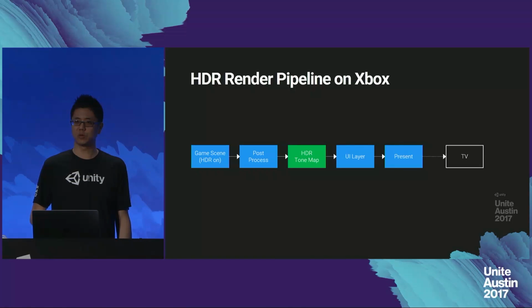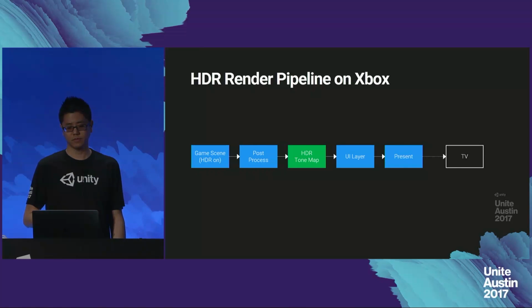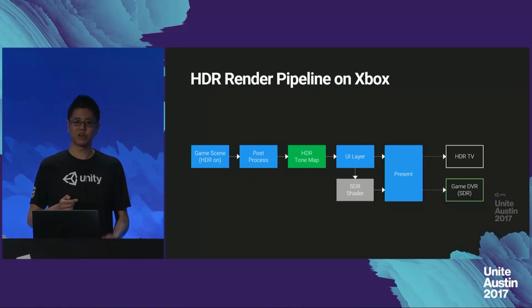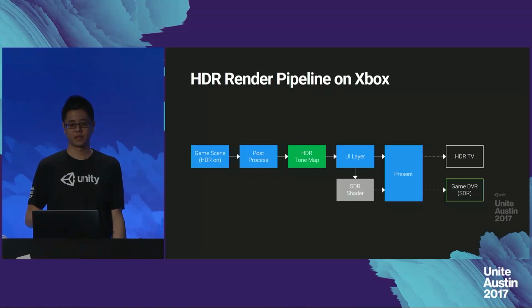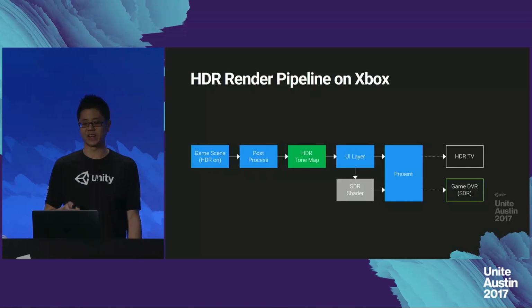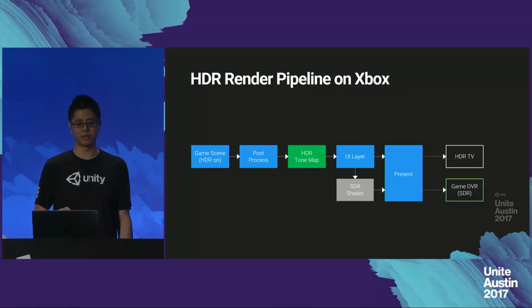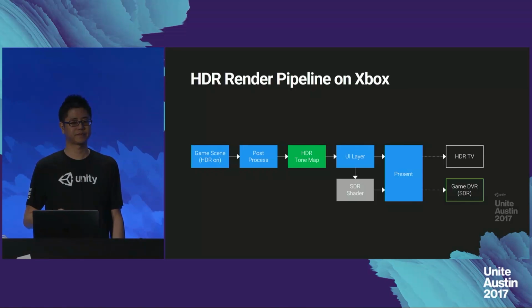To do this, we'll need one more swap chain and another 8-bit back buffer to store the additional frame data. Internally in the Unity engine, we simply apply another shader after the UI is composited that remaps the colors to SDR. So in the final step, we now have both an HDR and an SDR frame, and we present them at the same time to the output display device.